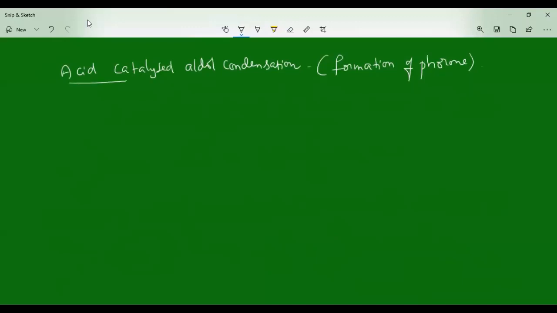It is obtained when excess of acetone reacts with HCl. Means you take 3 moles of acetone like this. The first acetone molecule will be taken like this. The second acetone molecule, as usual, in a linear manner you will take.